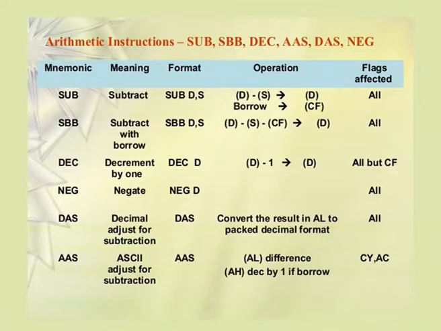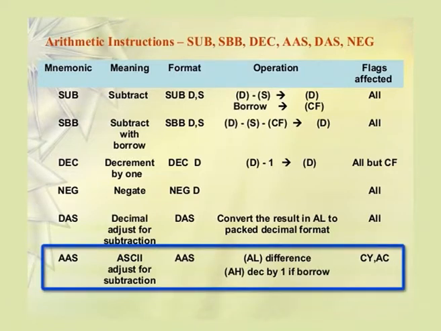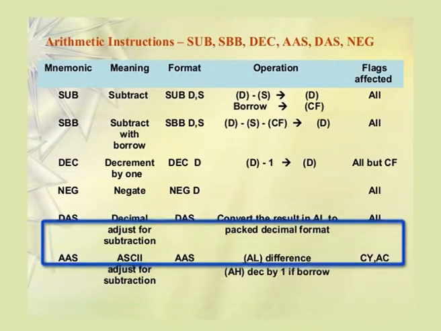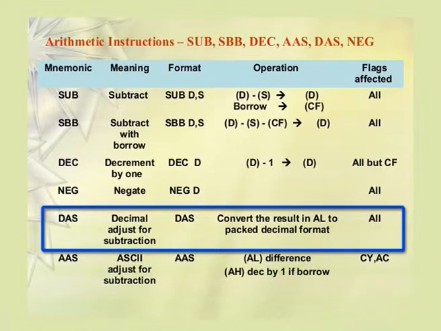In the case of ASCII subtraction, the instruction ASCII adjust for subtraction, in short the AAS instruction, is useful. In the case of packed BCD arithmetic, the instruction decimal adjust for subtract, which is DAS, adjusts the result obtained after subtraction of two numbers through the instruction SUB or SBB.